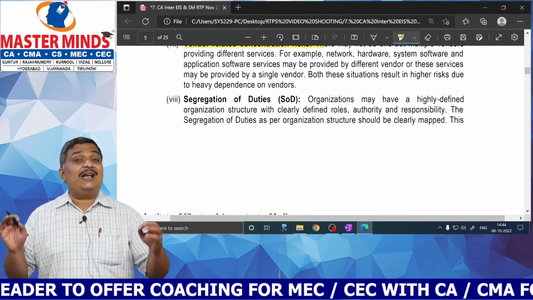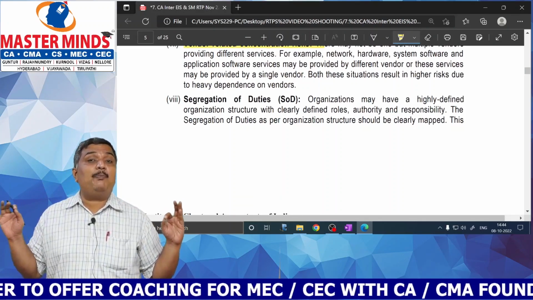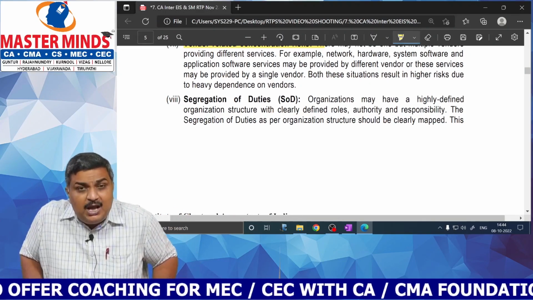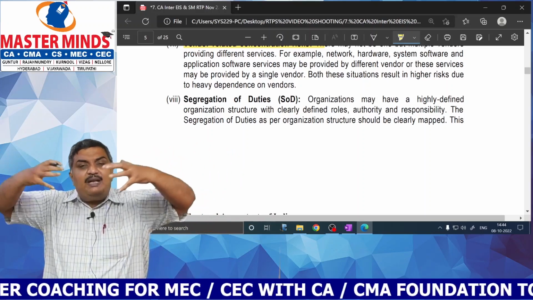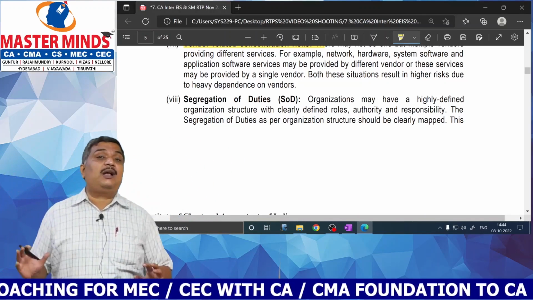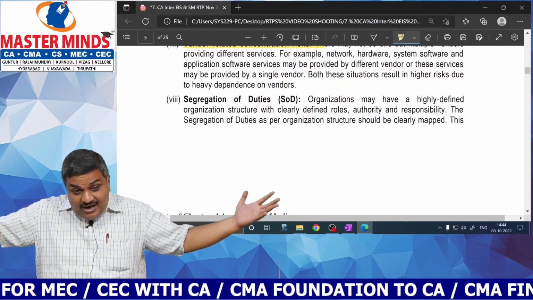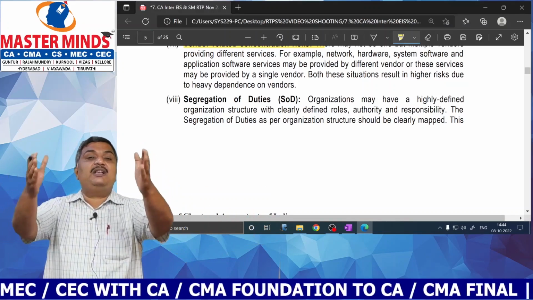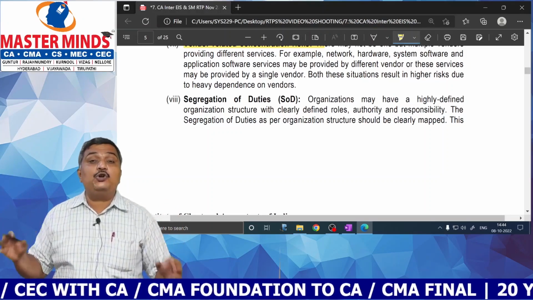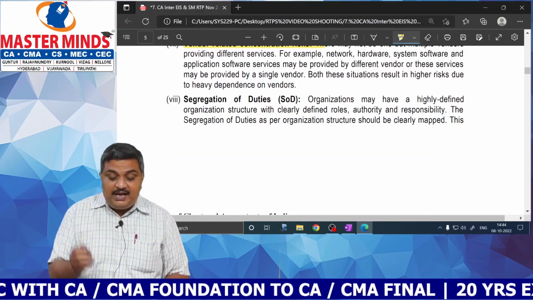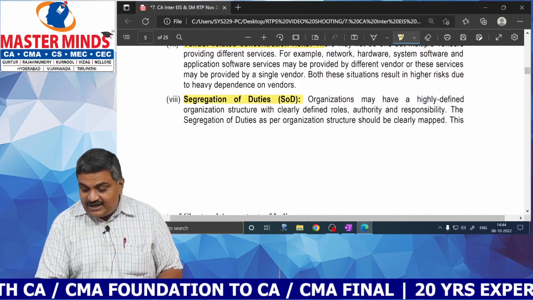And if segregation of duties is not properly done in your organization, if the entire work is being done by a single individual in your company, and you say in our company end to end is done by a single person, that is a biggest problem. There should not be aggregation of duties. Instead, there should be segregation of duties.